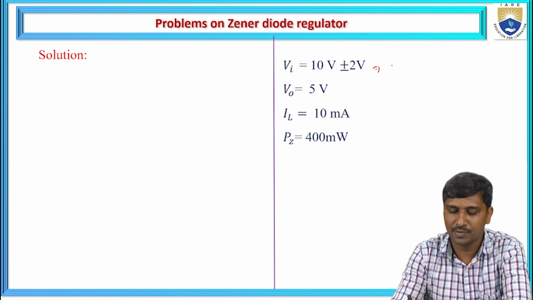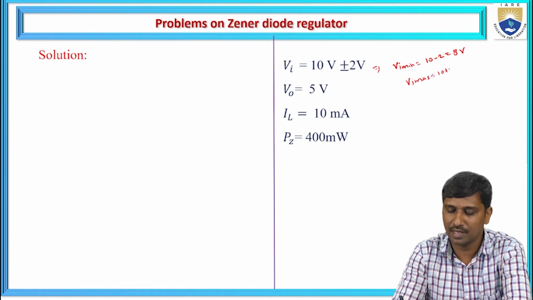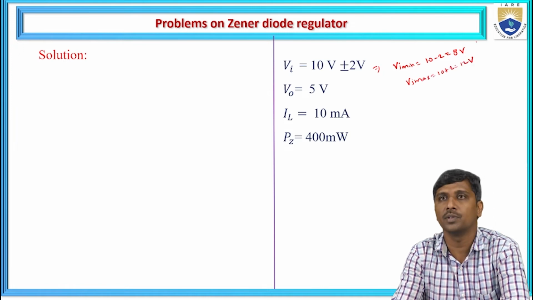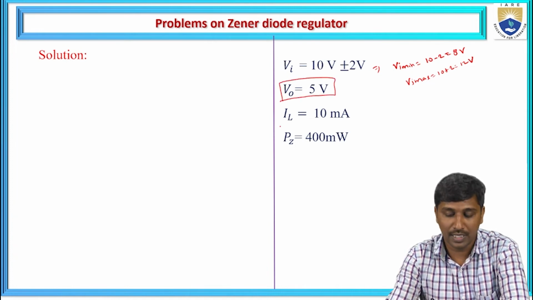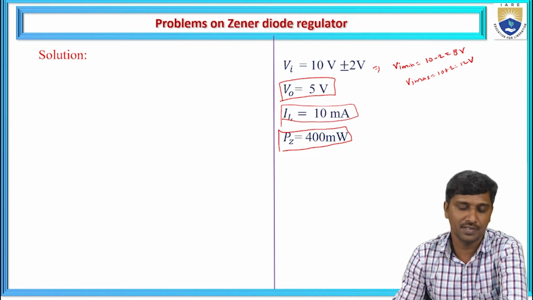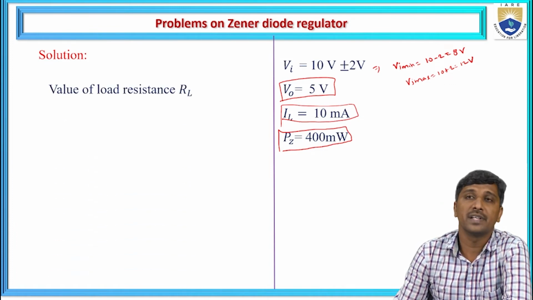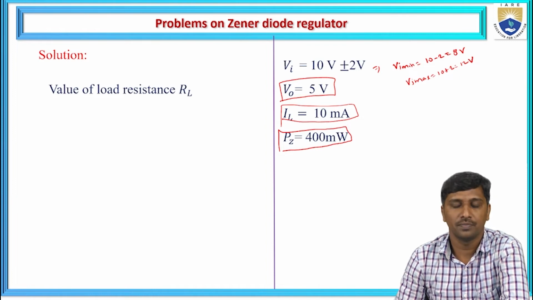So based on these given specifications, the VI minimum value is 10 minus 2, that is 8 volts, and the VI maximum value is 10 plus 2, that is 12 volts. The output voltage is 5 volts, the load current is 10 milliamperes, and the given power specification is 400 milliwatts. Based on this, we need to calculate the load resistance as well as the R value.